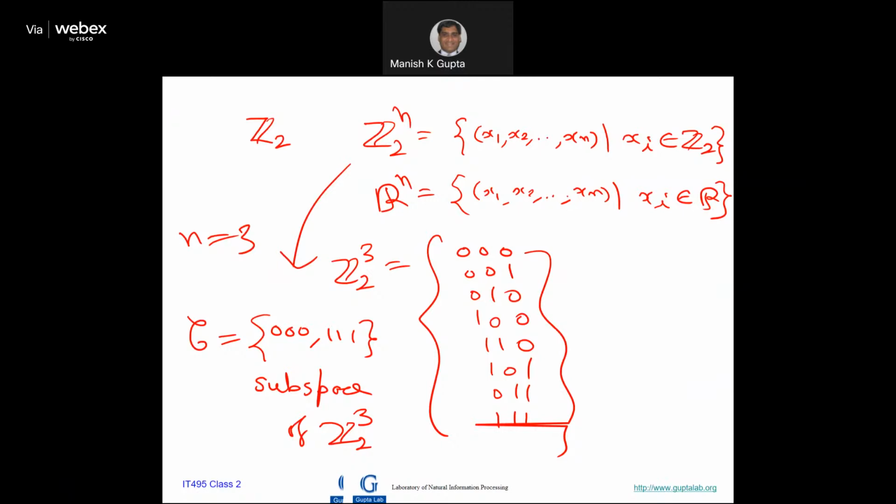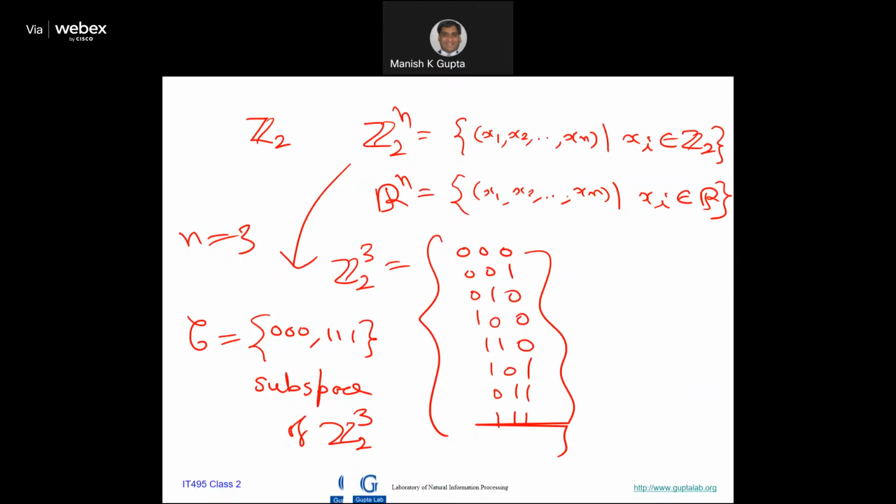For Z2 to the 3, what is the dimension? 3, right? Because there are 3 linearly independent vectors which can generate the whole space. What are those vectors? 0, 0, 1, 0, 1, 0, and 1, 0, 0. There are many other possible ones, but these 3 are sufficient because they are linearly independent.